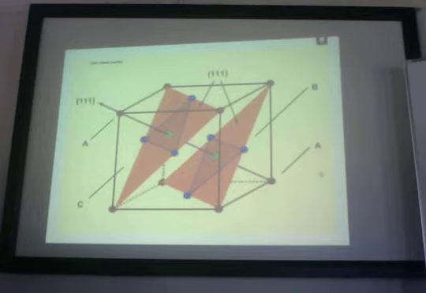Then C goes out here, that is 0, 0, 1. And this one is B, and that is 0, 1, 0. Because that is A, B, C, and only the B axis comes out here, we have to write a 1.